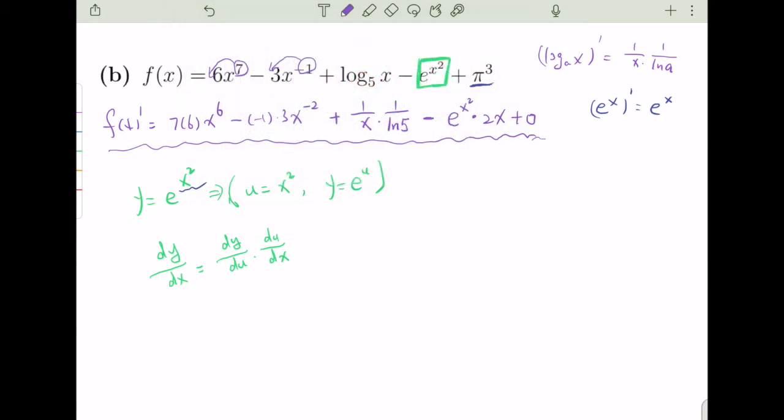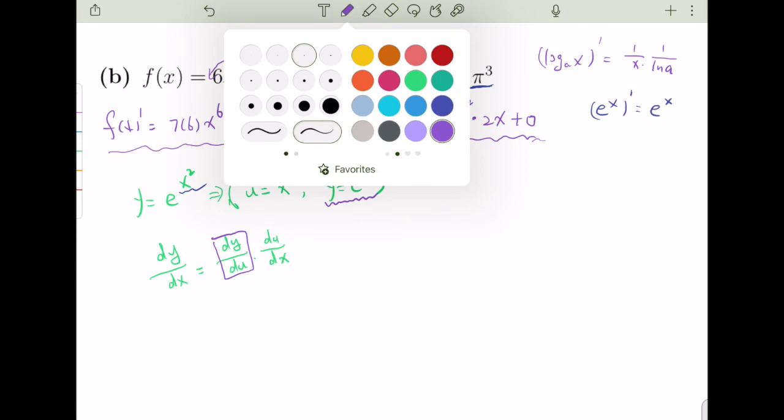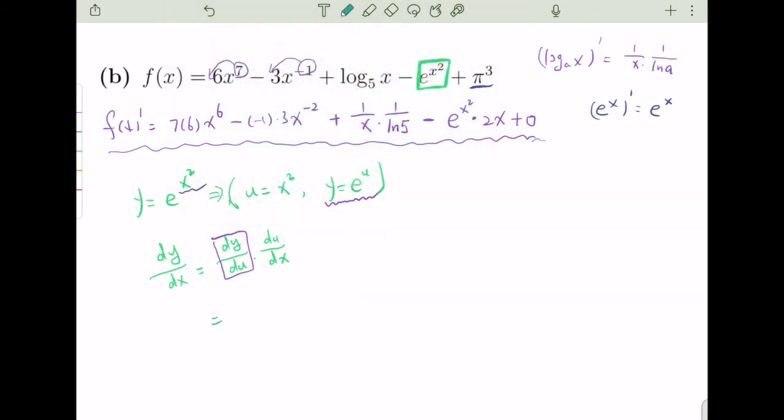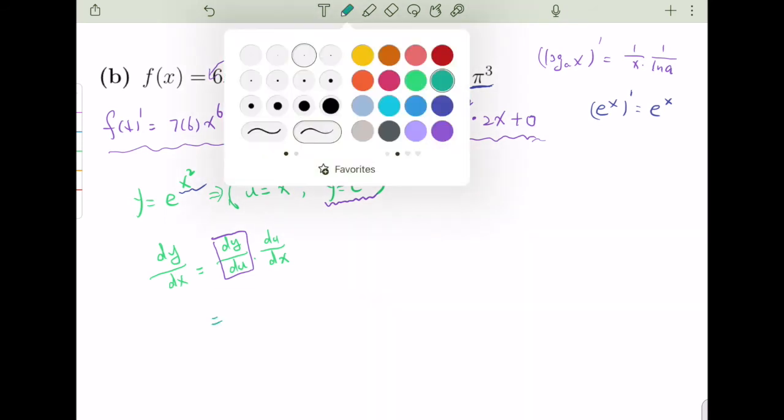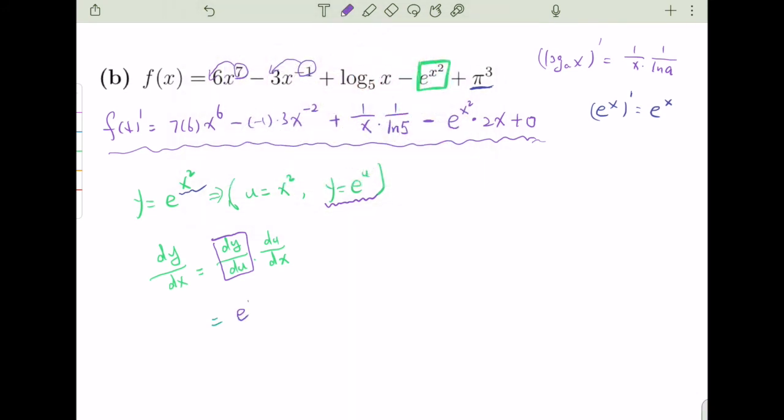So this is actually the expression dy over dx. Now let's compute this dy over du. For this one, you look at the relation between y and u. Y is equal to e to the u, so the derivative is just e to the u.